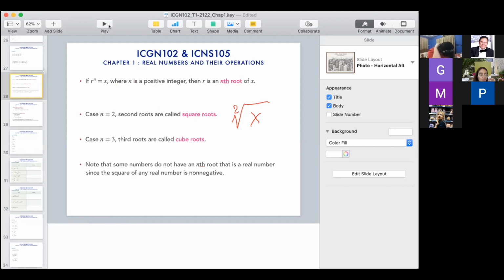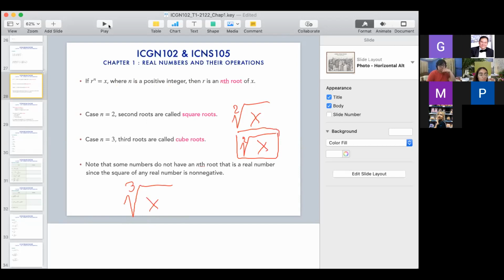For the square root of x, we normally write it without the number 2 on the root symbol, so everyone knows it means the second root of x. If n equals 3, we call it the cube root of x.